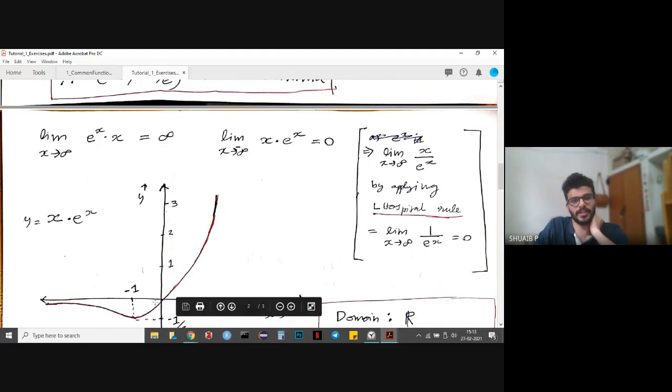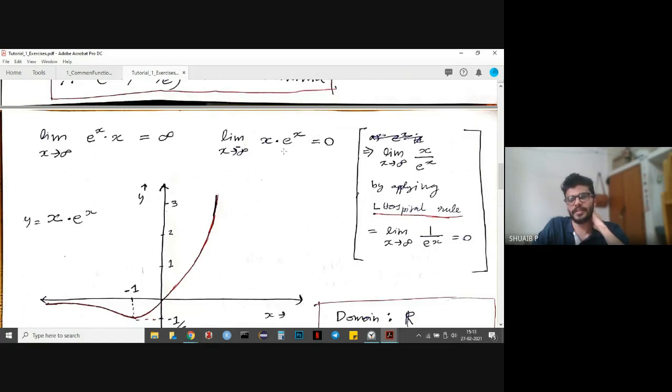So this function together will tend to infinity, and we can qualitatively plot this function as increasing and going to infinity. And when x is tending to minus infinity, x will tend to minus infinity, and e raised to x will tend to 0.